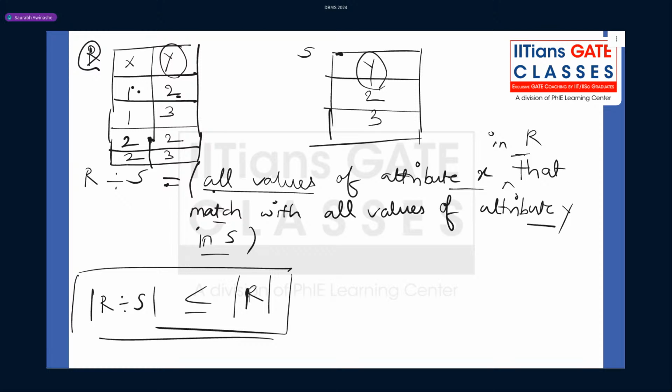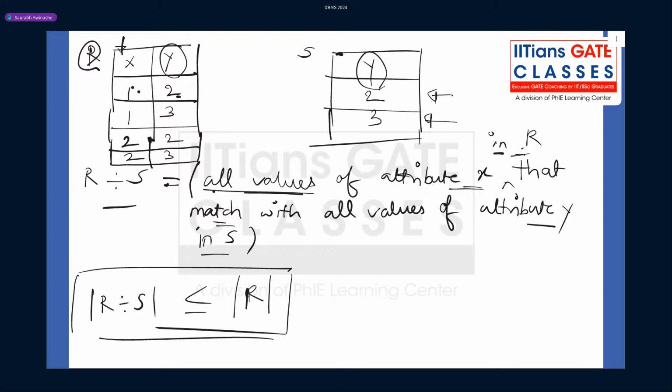Right. So the definition says that the output is going to have all the values of attribute X in R that match with all the values of attribute Y in S. So we want to see all those values in this column that match with all the values of Y here.